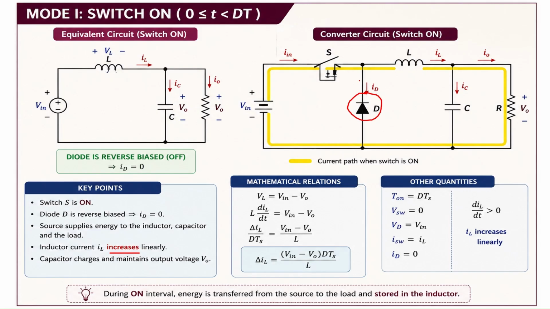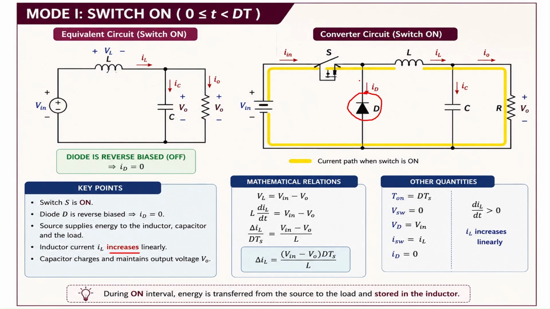You see the polarity: this side is plus, this side is minus. By observing this polarity, we can write the equation VL is equal to V in minus V naught. And VL is equal to L dIL by dt, the inductance times dIL by dt.